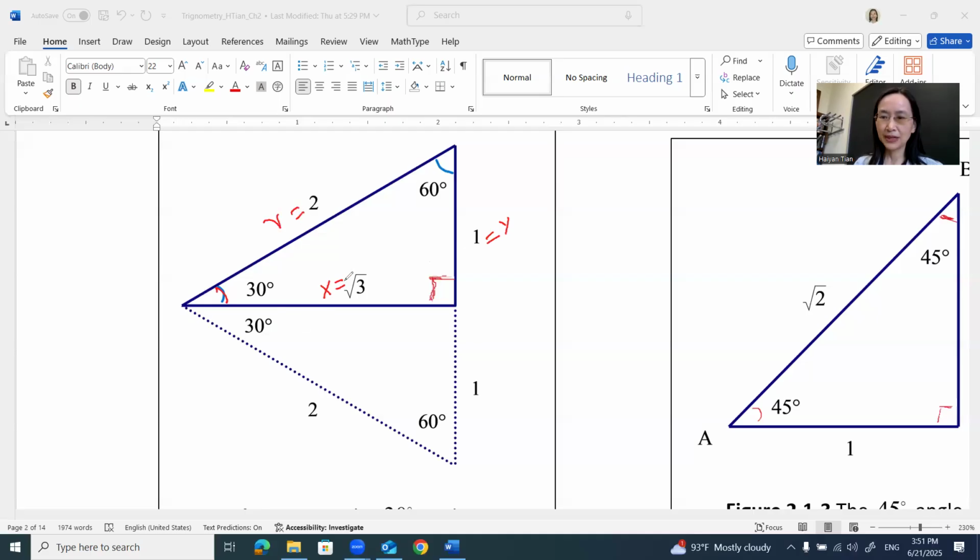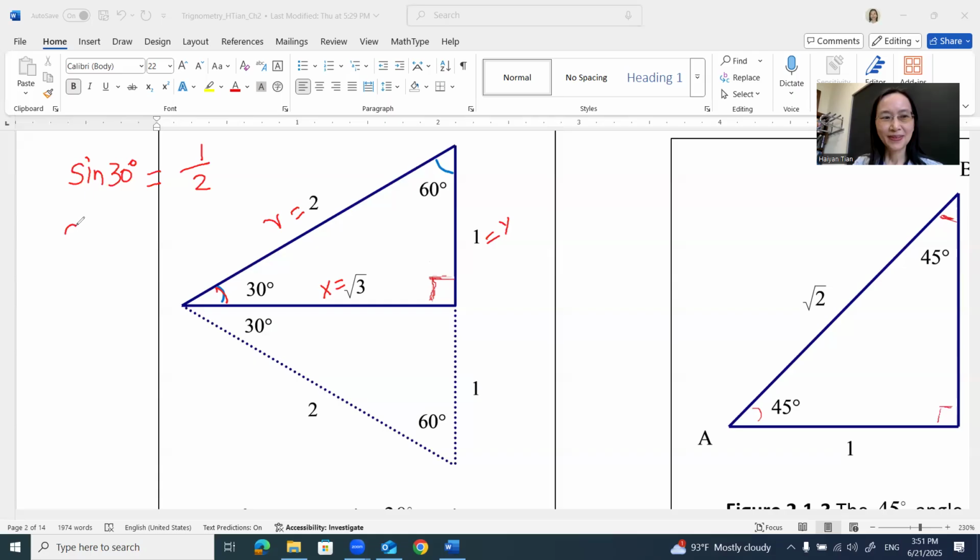Let's find sine theta, which is sine 30 degrees. Now, it is y over r. Y is 1 and r is 2. So sine 30 is 1/2.